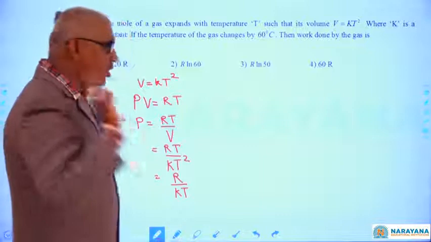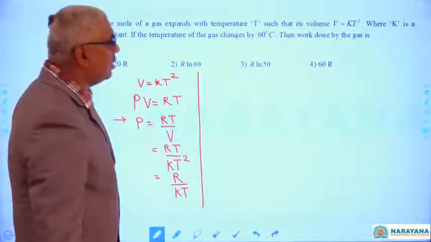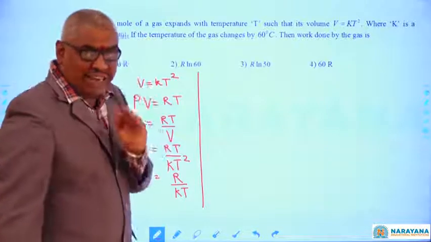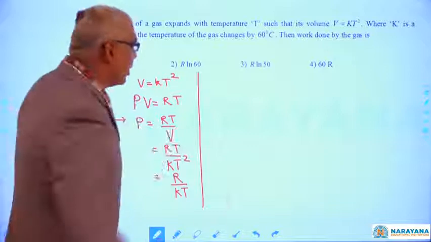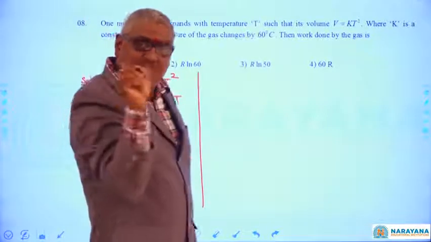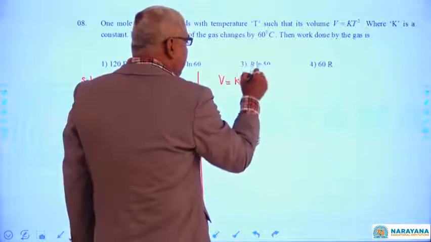Is it clear? Okay. Apart from that, we need work done actually, isn't it? Work done is PdV. So we'll try to find the dV value. What is given? V equal to kT square.